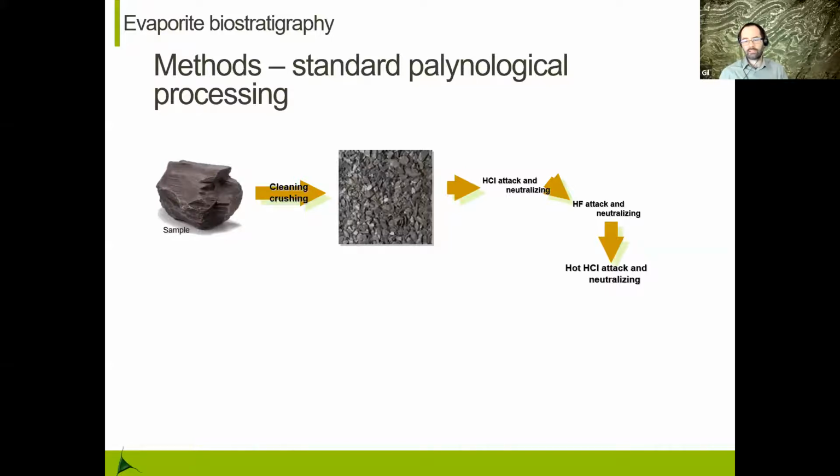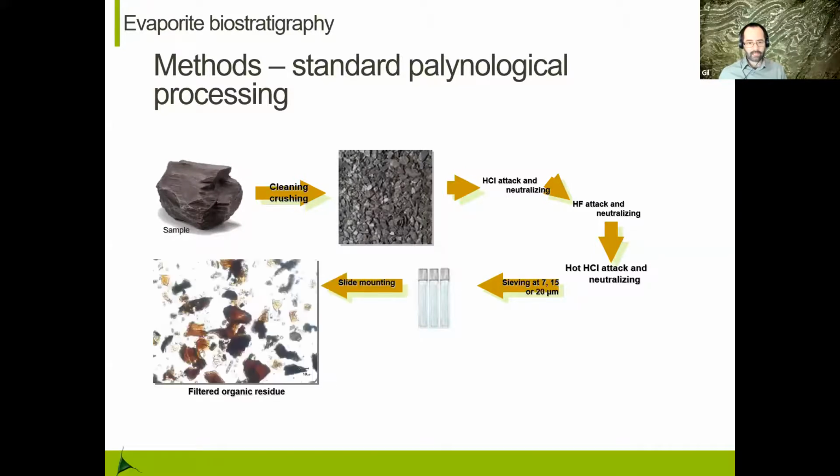Sometimes you still need a second hydrochloric acid attack to remove any neo-formed crystals or some of the minerals which did not dissolve with the previous acid attacks. Then usually sieves to remove fine organic matter, and then you mount slides and observe them under biological microscopes. This is how you are basically looking at the organic residue that you obtain from a rock sample.